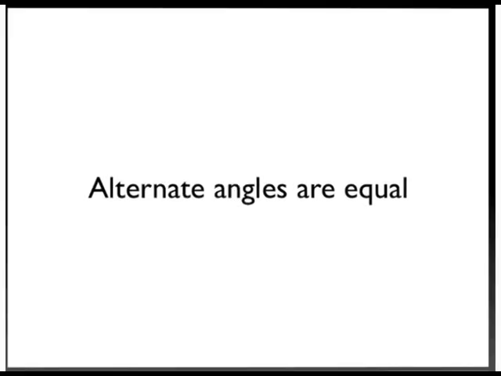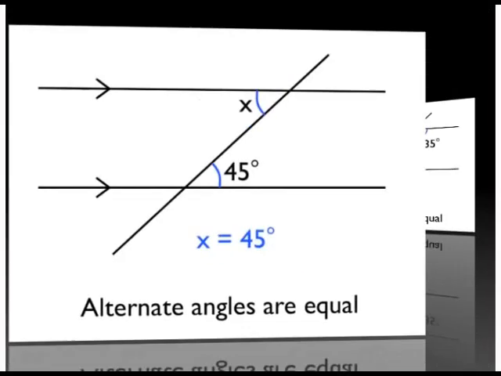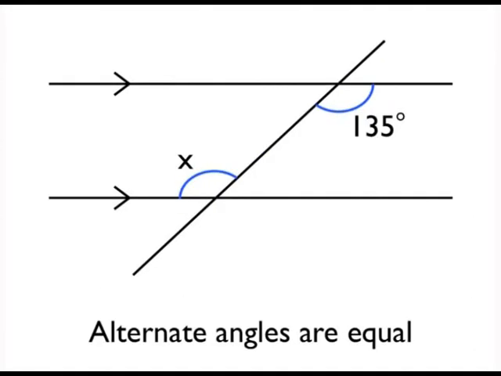Alternate angles are equal, so the trouble is in spotting the angles. Looking at this diagram, the two angles are alternate, and so x must be 45 degrees. Here again, the angles are alternate, and x must be 135 degrees.